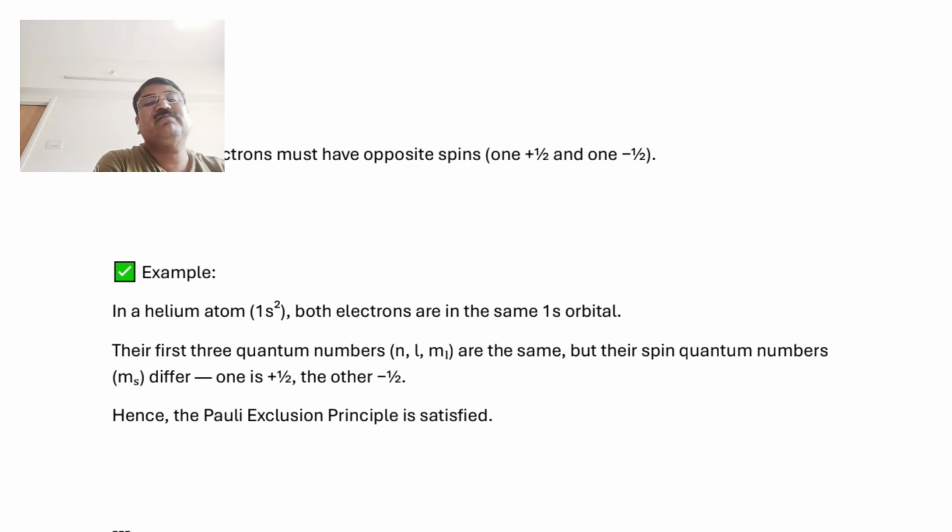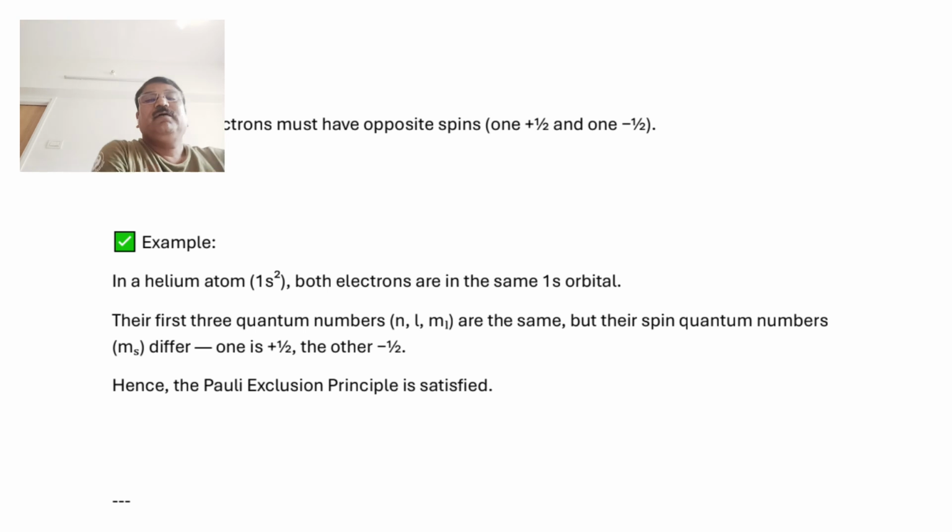Okay, how is it explained? See the example. Focus on this example. That is helium. Helium has atomic number 2. Hence, its electronic configuration is 1s2.